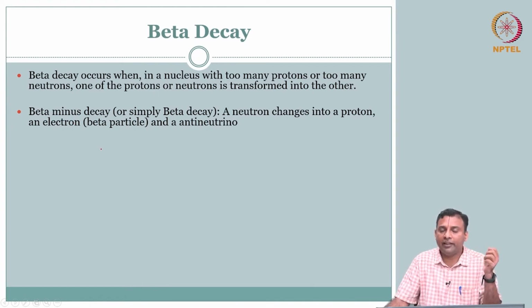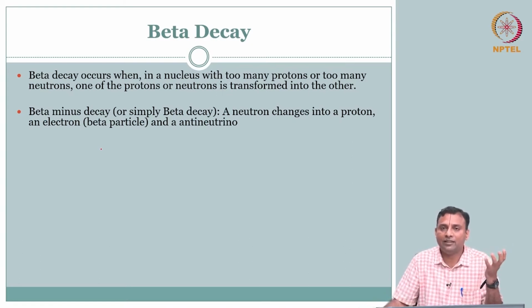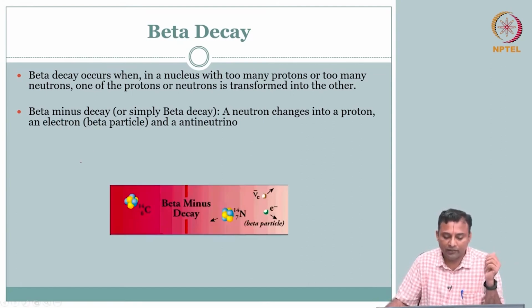Naturally when the electron comes out with energy, it is a particulate emission that causes ionization. So we are not really interested in that. Here you have carbon-14 (C 6,14) and you have N-14 (N 7,14), with a beta particle and antineutrino.